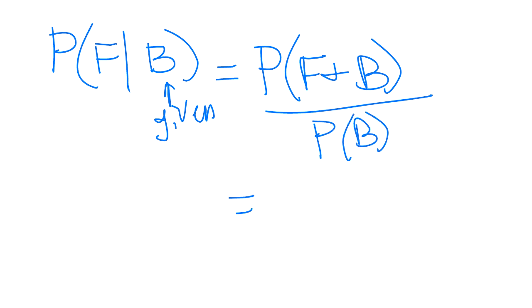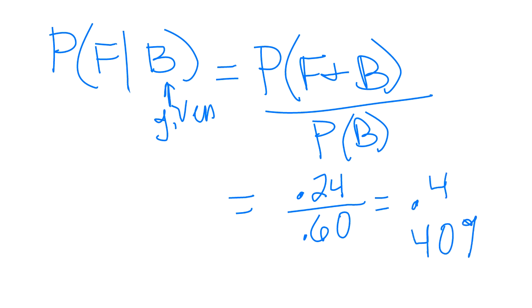So in the problem, it said 24% did both, and the probability that you played baseball was 60%. That was given in the problem. So we do that on our calculator, and that is 0.4 or 40%. So probability can be represented by a decimal or a percent.